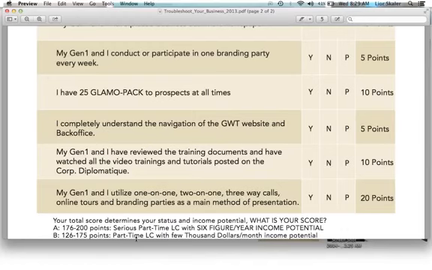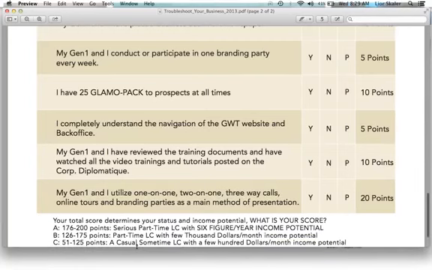If it's not, you know where you need to go. If you're in the C group between 51 points and 125 points, you are a casual, sometime LC with a few $100s a month income potential. So if you're happy with a few $100s a month, continue what you're doing.